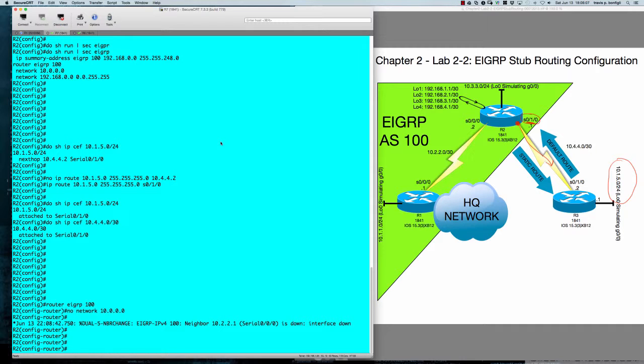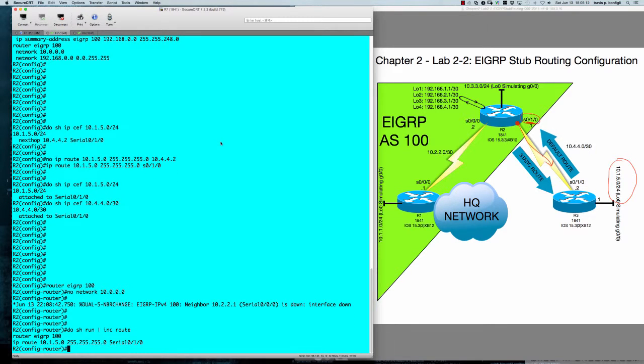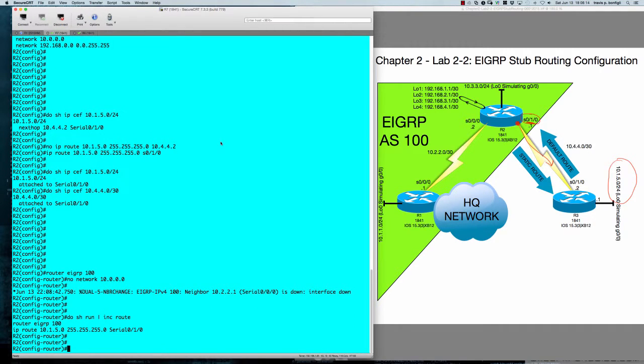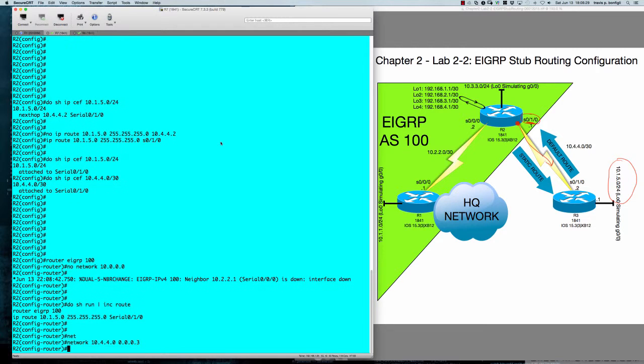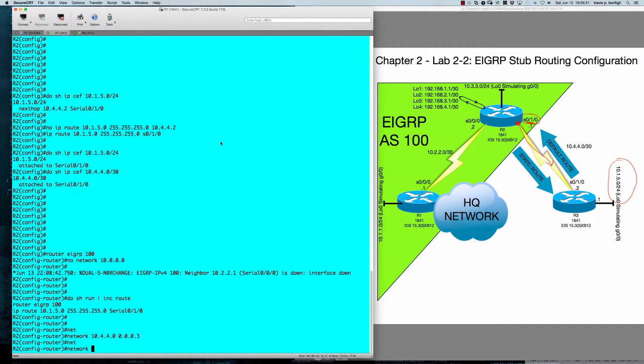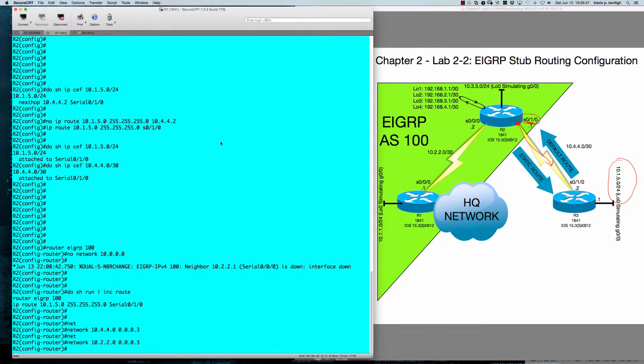If I like sticking with my static routes and I like to use the outgoing interface, in a point-to-point scenario, maybe I want to be a little more specific with my network statement. So what could I say? Let's do the two networks that were already originated. I could say network 10.4.4.0 0.0.0.3, and I could say network 10.2.2.0 0.0.0.3. This is going to bring our adjacency back.